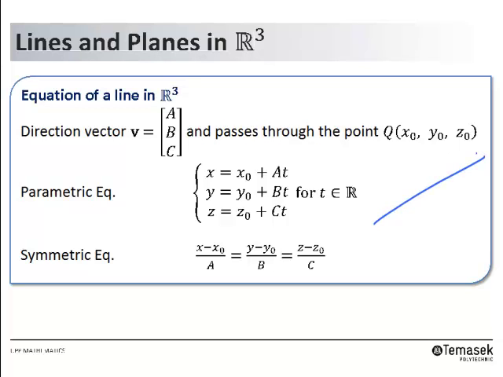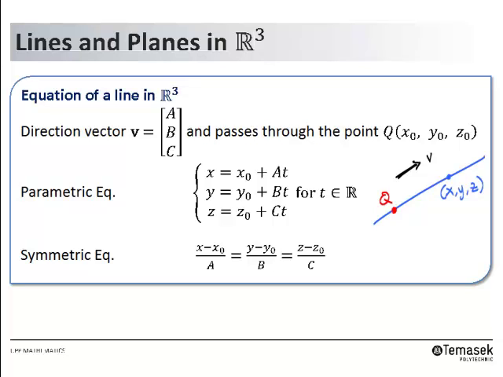Let's say this is the direction vector v and a point Q on the line. Now, for every point on the line with coordinates x, y, z, the coordinates of these points are given by the equations in the parametric equation.